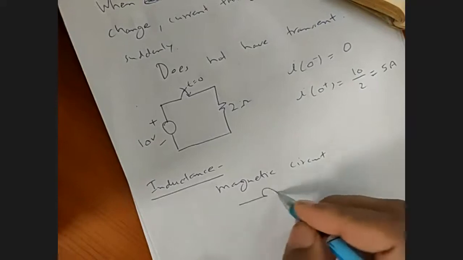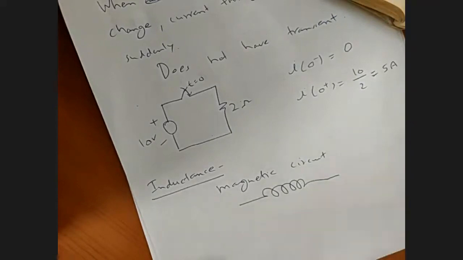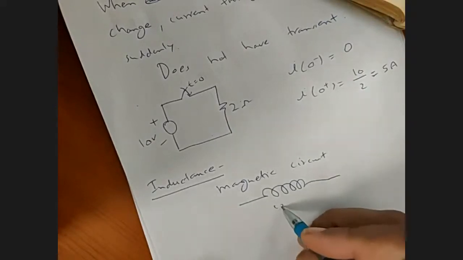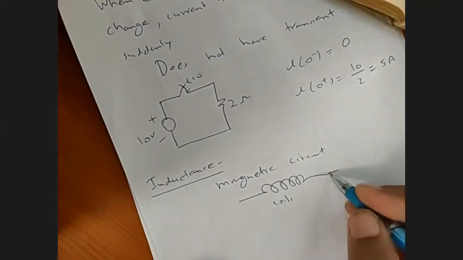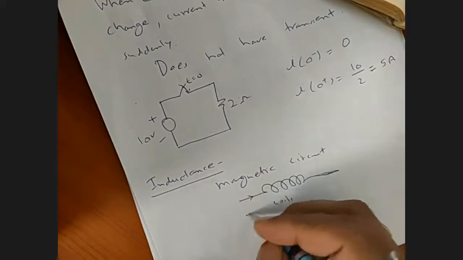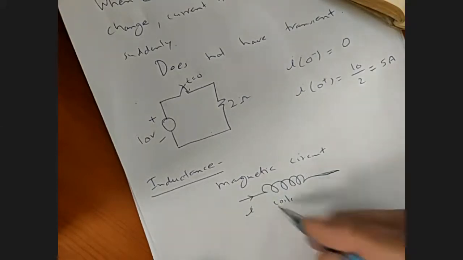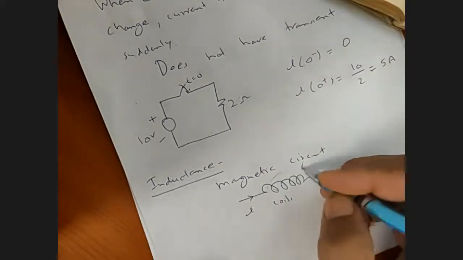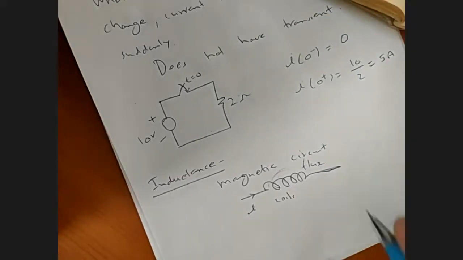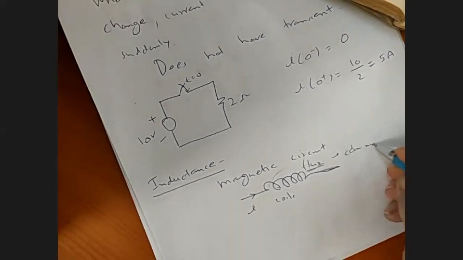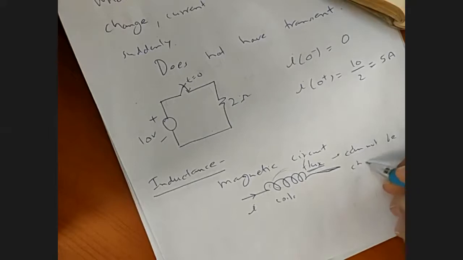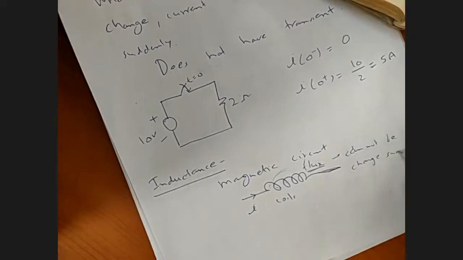It is represented by coils, and in this, when current flows, there will be production of flux. But this flux cannot be changed suddenly.